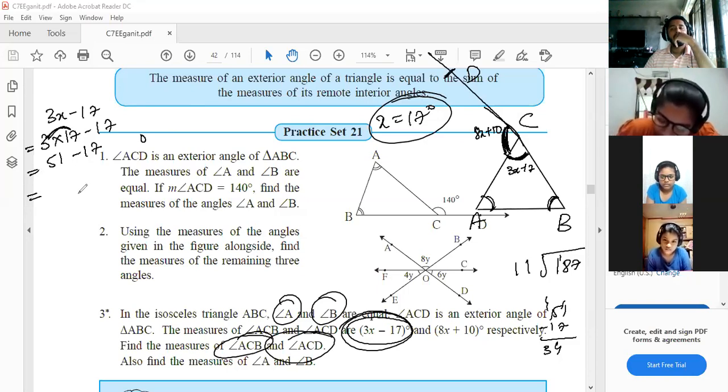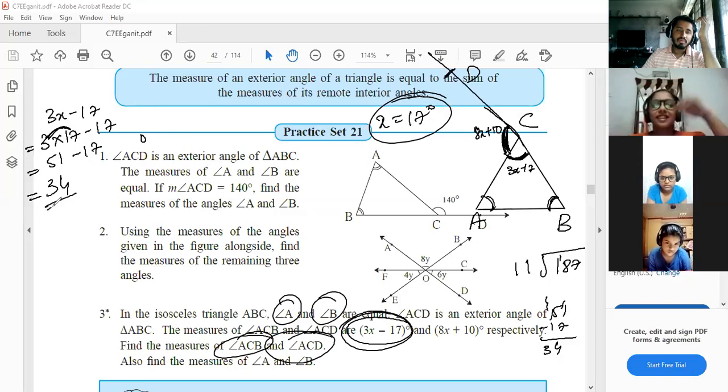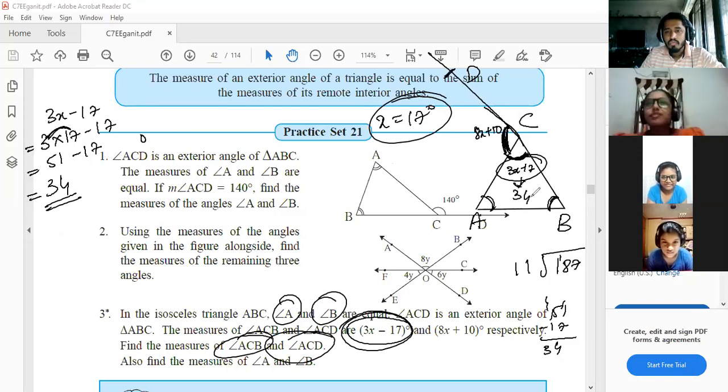I'm waiting for Avni. 34. Thank you, madam. 34. Hey, we are doing such complex sums and here I don't know plus minus only. So this measure is found. How much is this? 34 degrees.